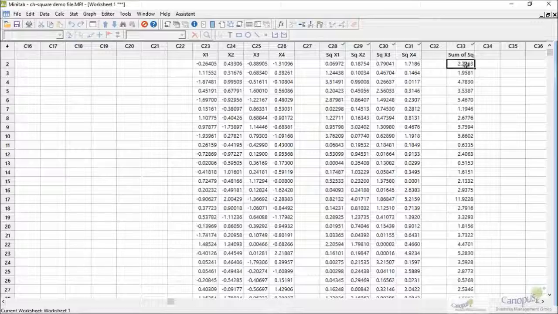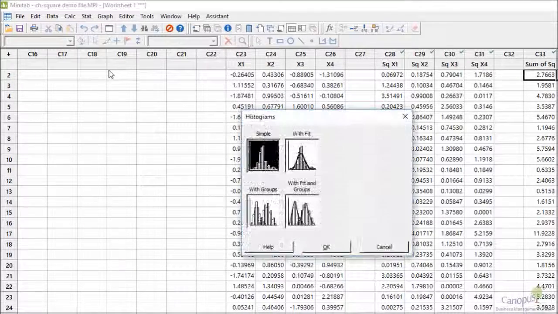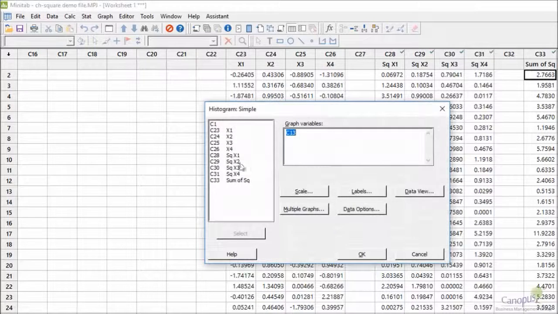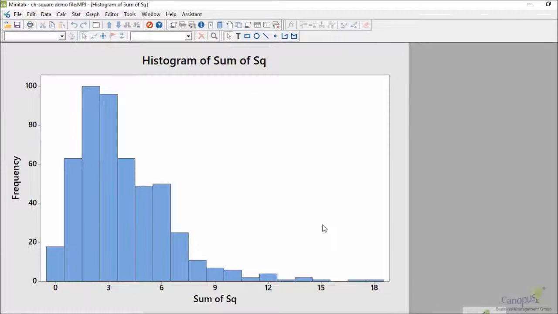Now I am going to plot a descriptive stat of this. I'm going to go to Graph, go to Histogram, click on Simple, select sum of squares and click OK. I've got a distribution like this. It starts right from here, it goes up and then it comes down.